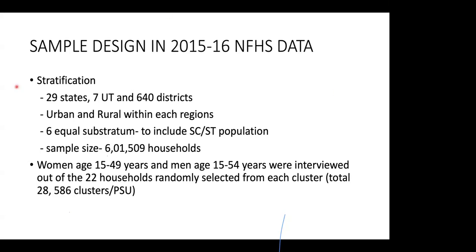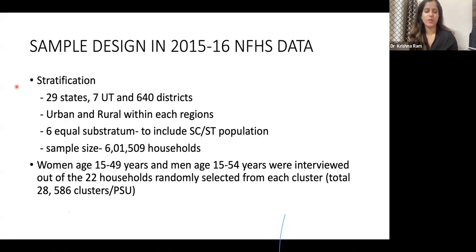Okay. Ma'am, what do we mean by 6 equal substrata to include SC/ST population? Yeah, so broadly what it means is that within the urban and rural areas, the idea is to have SC and ST population included in the sample, right?